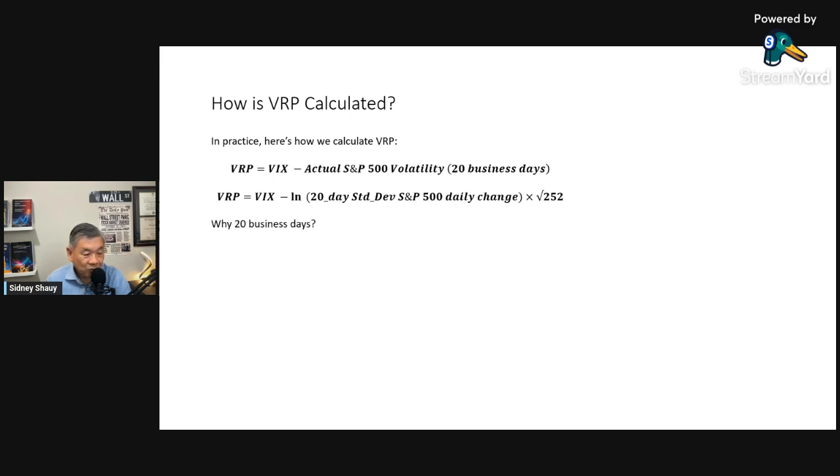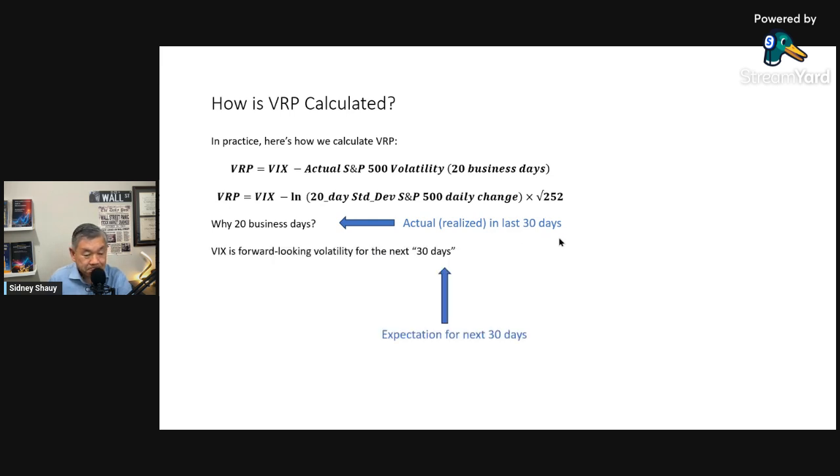So why 20 business days? It's because we want to get the realized volatility in the last 30 days. But the VIX is a forward looking volatility for the next 30 days. Remember, right?